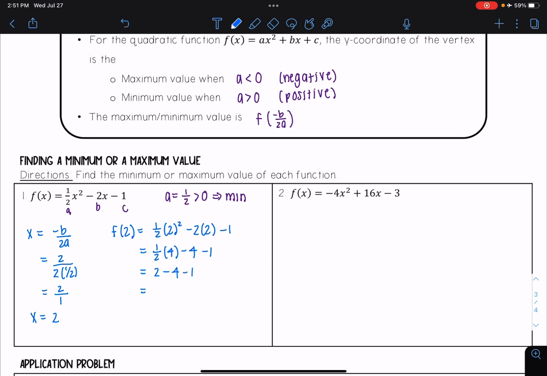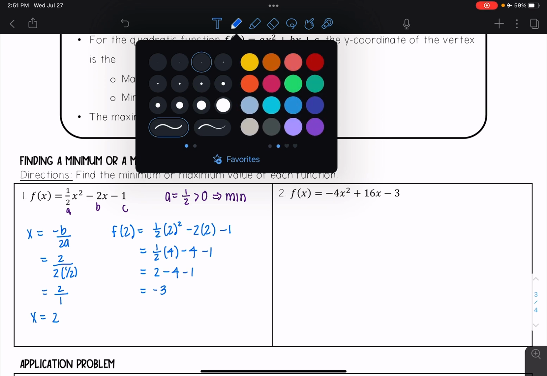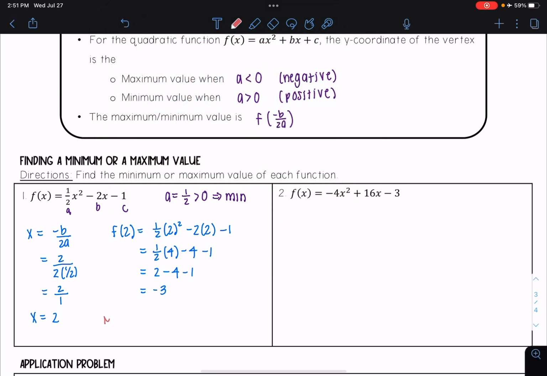Well, 2 minus 4 is -2. -2 minus 1, I get -3. And so here I can say my minimum value is -3.